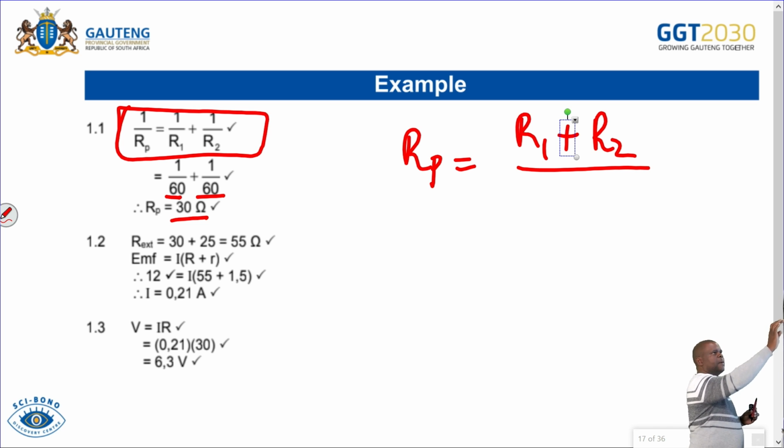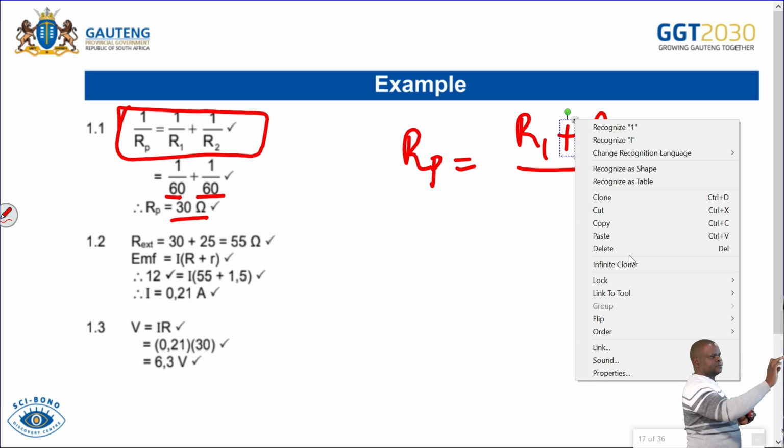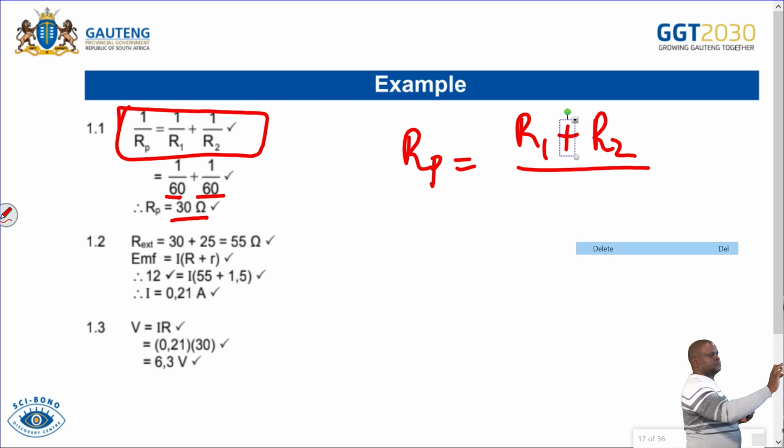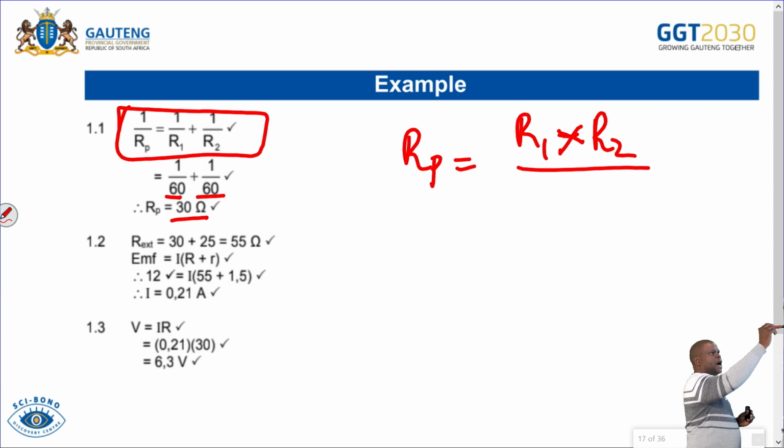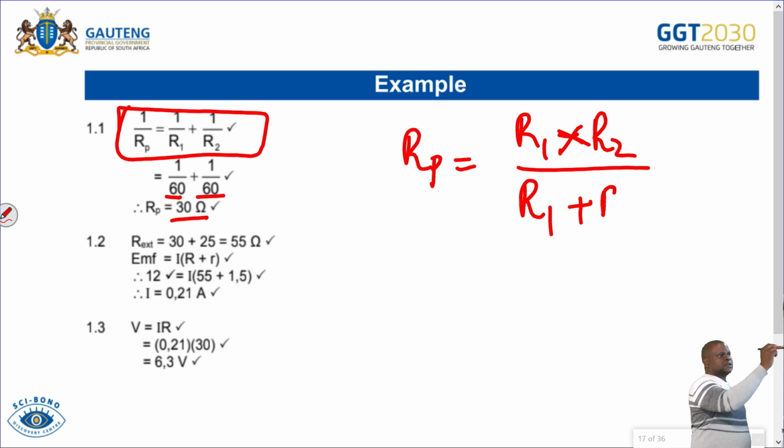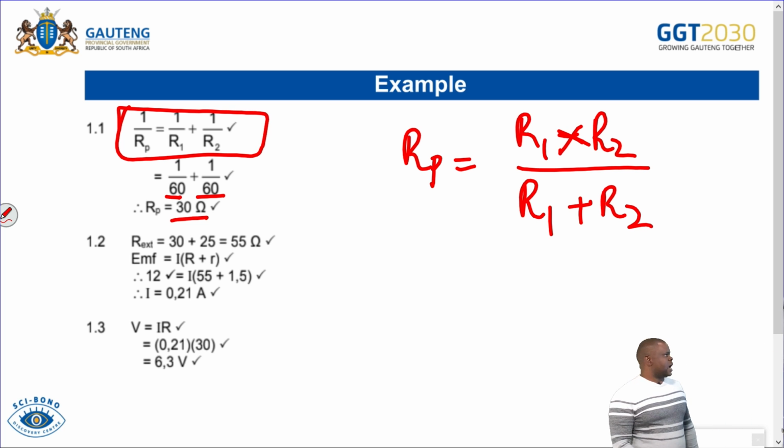It must be multiply, not plus. We multiply R1 and R2, then we divide by R1 plus R2. Thank you very much. Sorry, grade 11s.